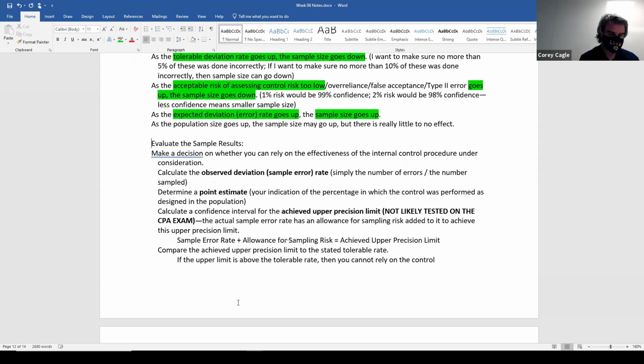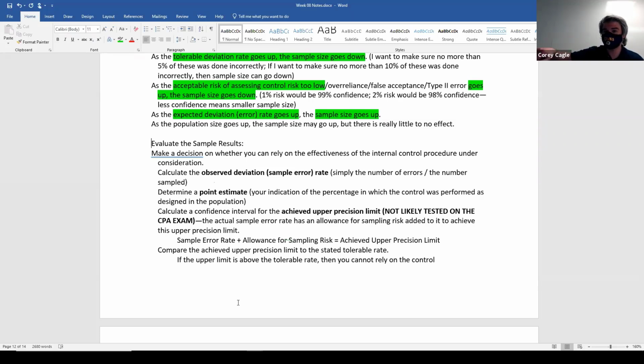All right, so you get your sample size, then you select your sample. Random is the most common. That systematic thing that I said we did is acceptable. Block is not really acceptable. You select your sample some way. And then you see how everything went. Here we're seeing if things were authorized or not.